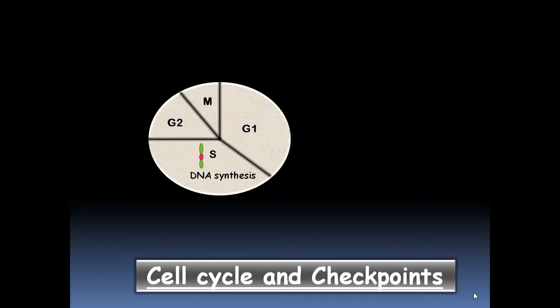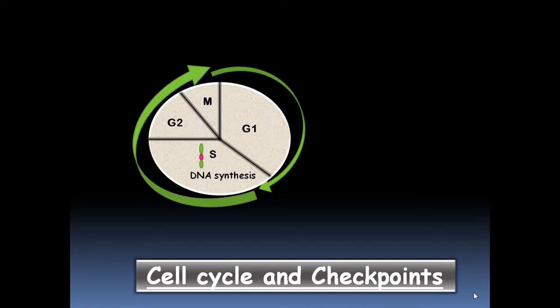Now a cell cycle is generally categorized into four basic stages. They are G1 phase, S phase, G2 phase, and the M phase.